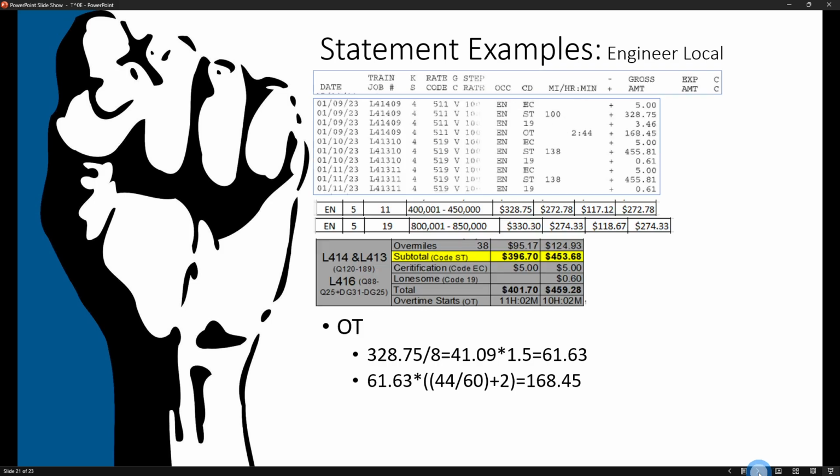All right. Engineer local. So we have 3 locals on here. Car carrying 100 miles for the L414, and the reason for this is because they went on overtime earlier.